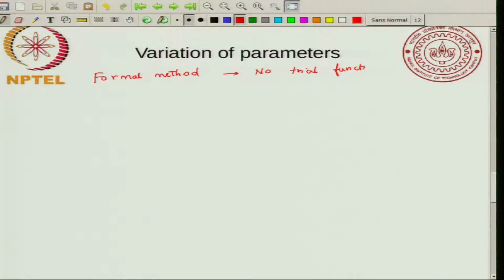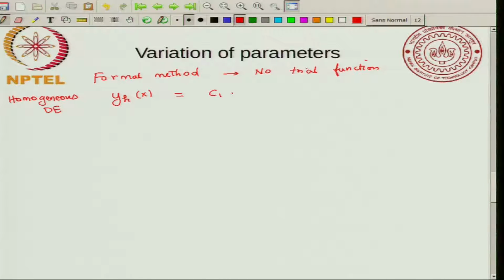You don't use any trial function, you just take whatever your c of x is and you solve this. So let us see what the formal method is. Suppose your yh of x is equal to, this is the solution of the corresponding homogeneous equation.